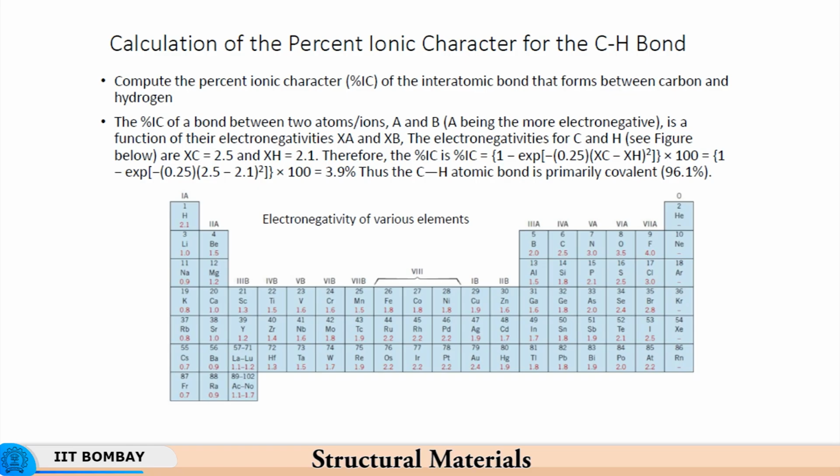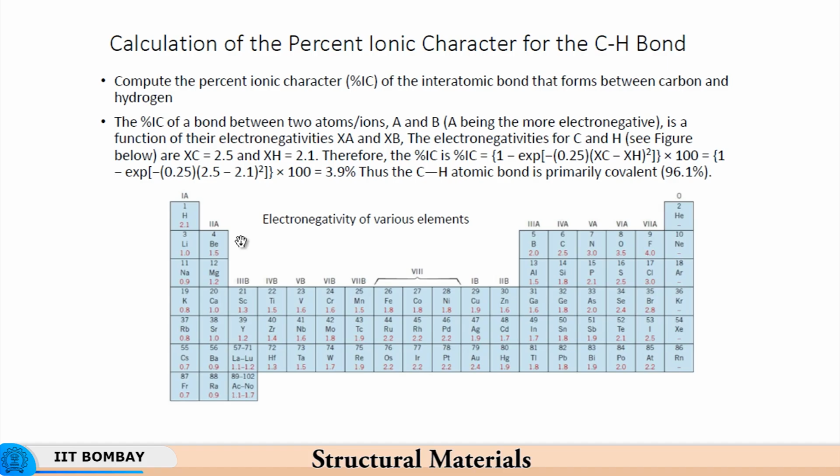So, the degree of ionicity, the extent of ionicity in this bond differs depending on the electronegativities. So, lower is the difference in the electronegativity, lower will be the ionicity. Large is the difference in the electronegativity, like magnesium and oxygen, for example, you would have an ionic bond, meaning a very high degree of ionicity.